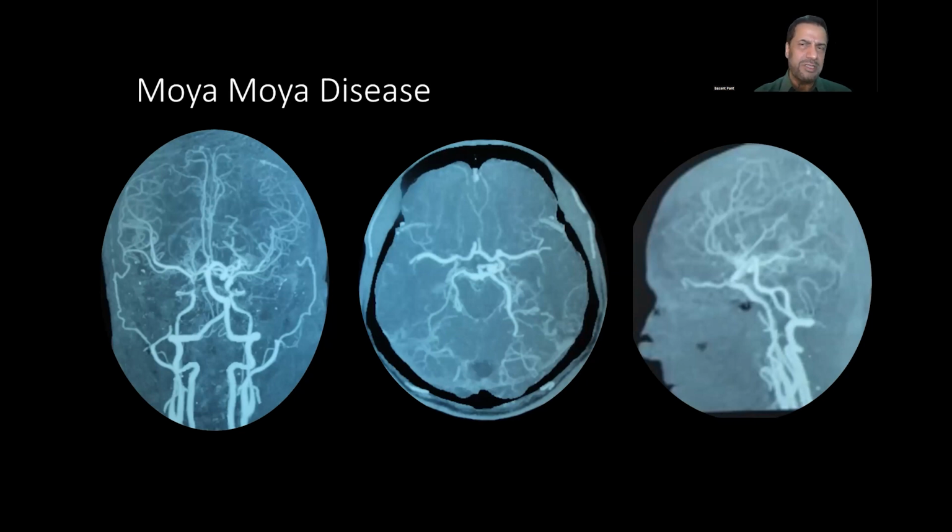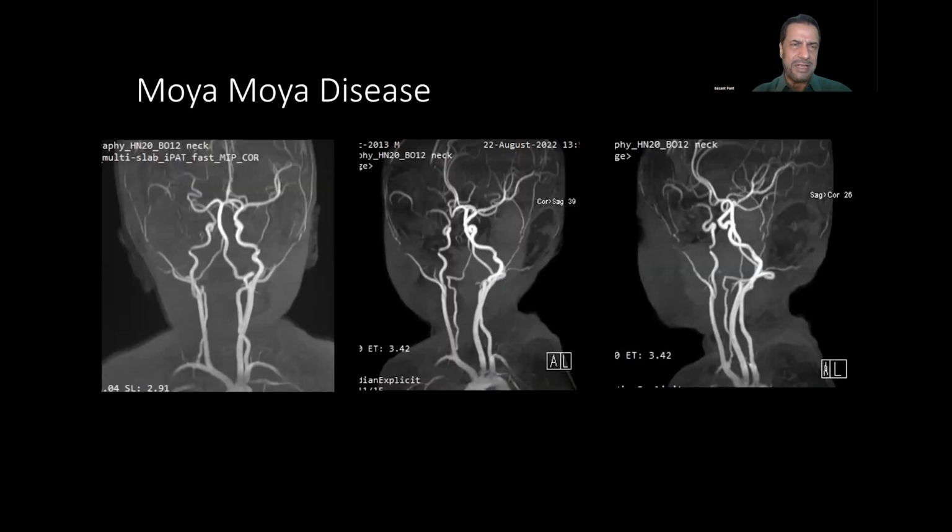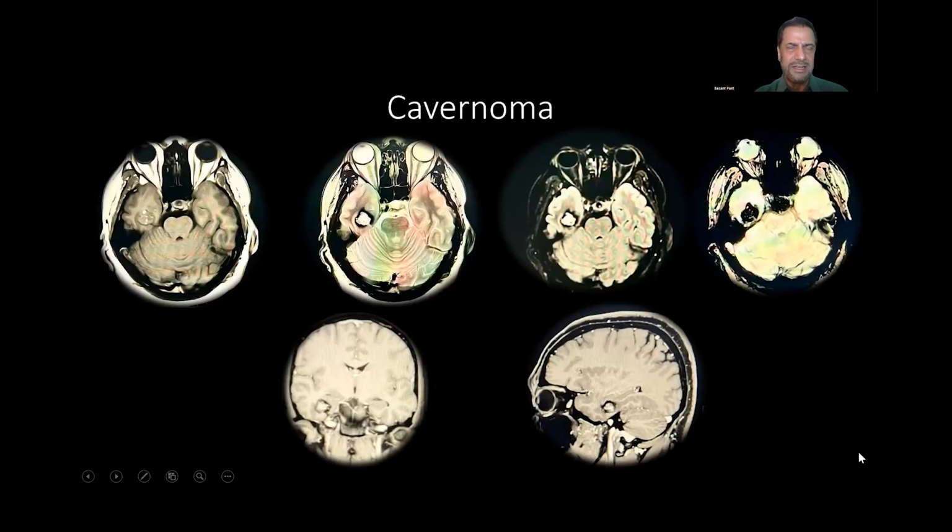Moya in Japanese means a puff of smoke. Here is another moya where you see occlusion of the artery and new vessel generation. And sometimes you can see a lesion like this where there is hemosiderin deposit and a very clear-cut lesion. Once you see this, you don't forget it: this is a cavernoma.